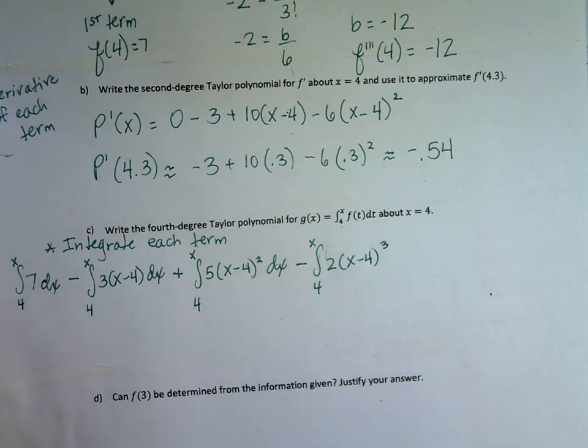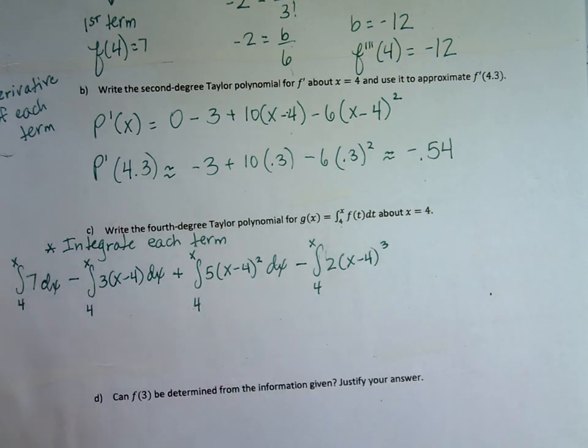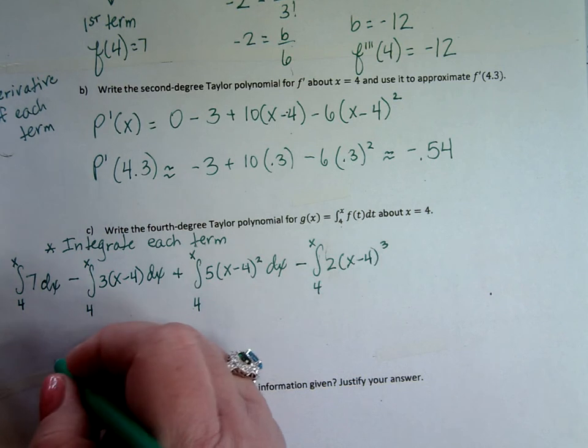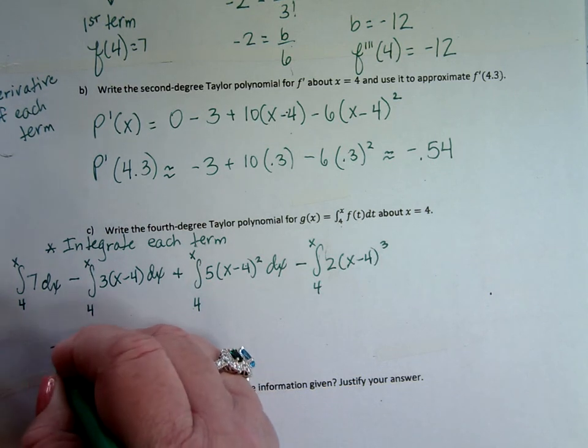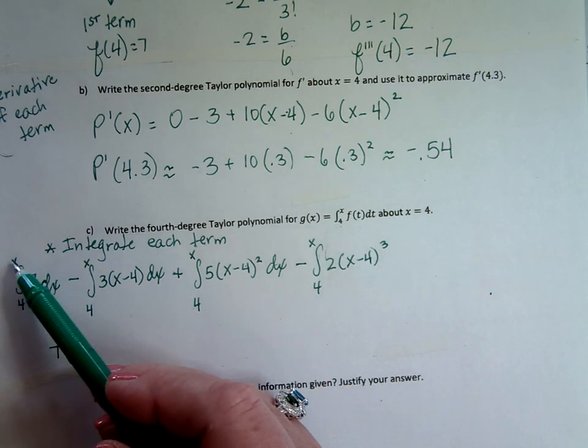All right, so here's where it gets a little bit weird. Well, at least the first term anyway, I think. If I take the integral of the 7, it would be like taking this 7, and then f of b minus f of a, which would be 7 times (x minus 4).